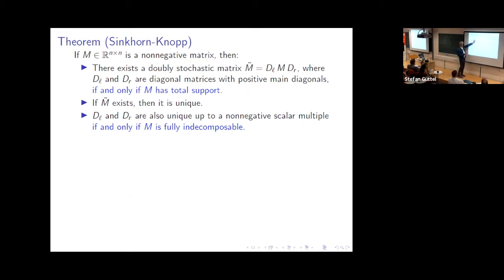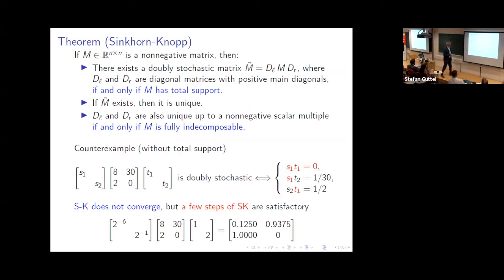Rather than explaining exactly what total support and fully indecomposable mean, let me give you an example. Here's a little 2x2 matrix, which has a 0, but that 0 is in an embarrassing spot. If you try to do the diagonal scaling, you can see that the conditions that have to be satisfied are written there. And there is no bounded solution for this set of equations. One of the S's or T's has to be 0, and the other one has to be infinite.